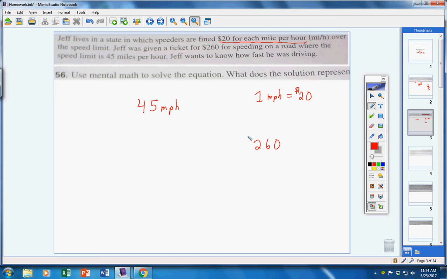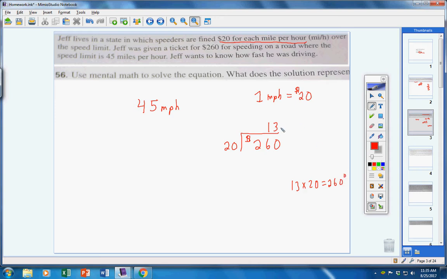Okay, so if he was fined $260, let's see how many times 20 goes into that, and then we'll know how many miles per hour he was going over. Alright, so you will get 13, because if you take 13 times 20, you will get 260.